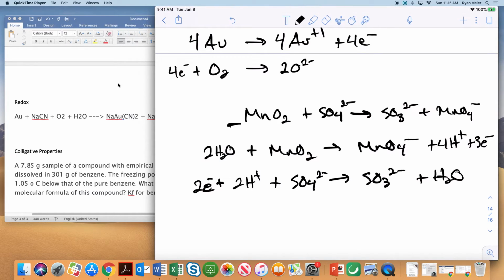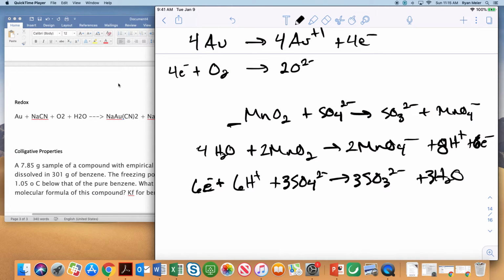Now to put these together, I need to multiply by coefficients. If I have 3 electrons and 2 electrons, I can multiply everything in the top reaction by 2, so I'm going to have 4, 2, 2, this will become 8, this will become 6. In the bottom, multiply everything by 6, so I get 6, 6, 3, 3, and 3.